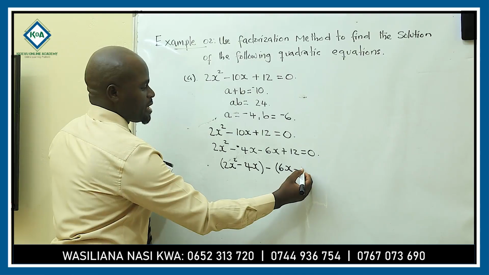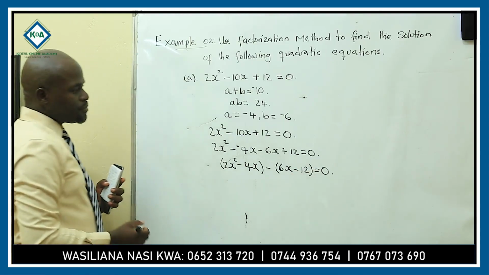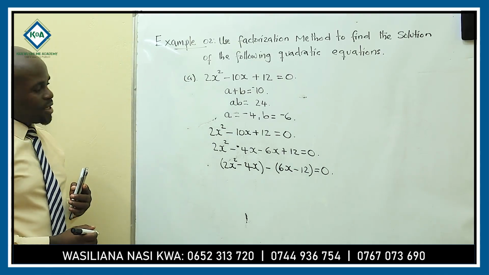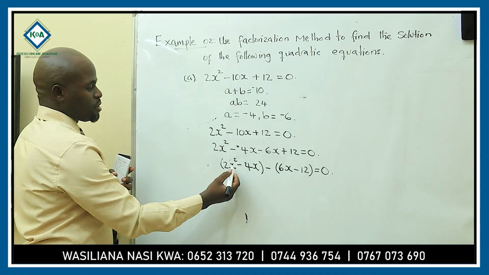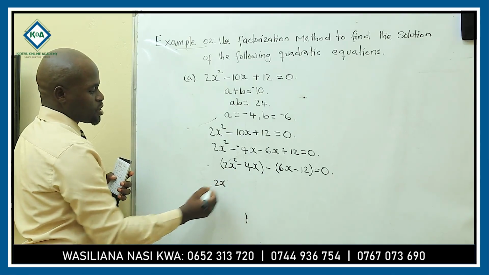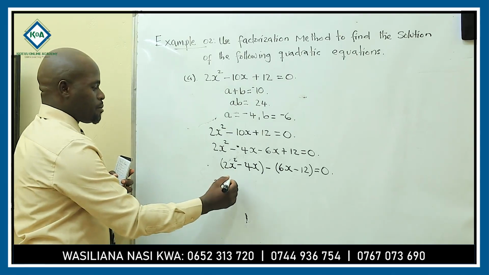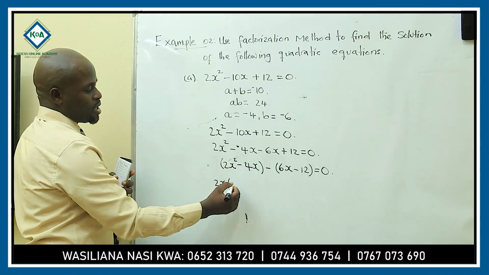Yes, so it will be minus 12 is equal to 0. After reaching here, we have to take out the common factor. The common factor of 2x squared minus 4x is 2x. So take 2x out, bracket. If 2x is out, from 2x squared, x will remain.